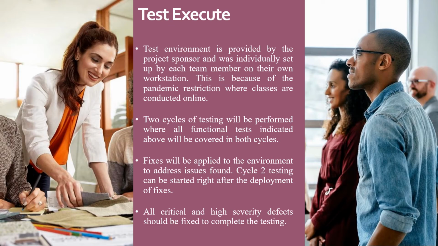Priority in the second cycle will focus on testing the functionality in cycle 1, and the test cases that have successfully passed in the first cycle will also be checked for consistency but with lower priority. Any issue that may arise will be reported for further fixing. Also, all critical and high severity defects should be fixed to complete the testing.